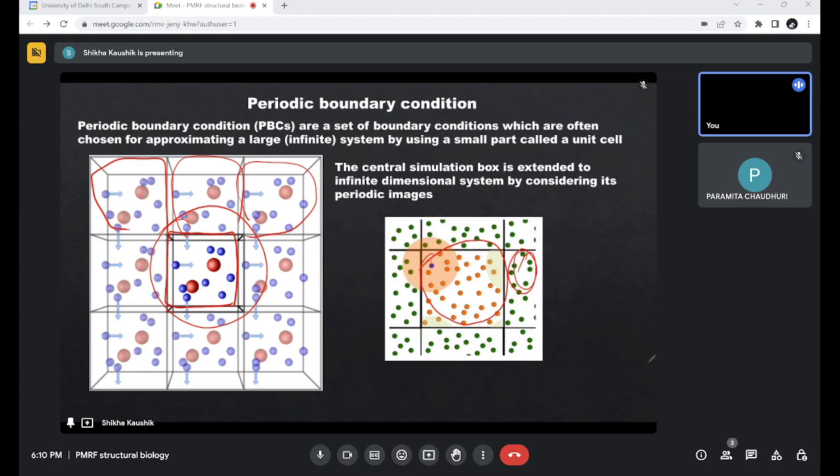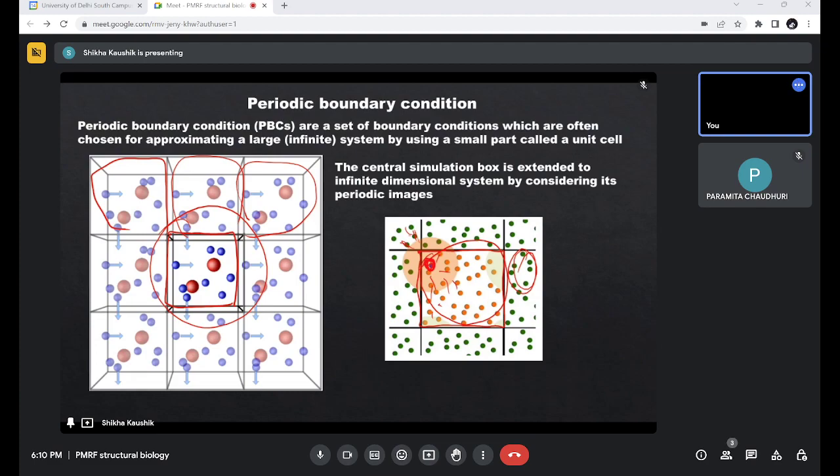This particular molecule is surrounded by orange balls, and it also has green balls in its external environment. We need to study this much only. We have to understand the interaction of this particular atom with the orange balls only. We don't want to understand its activity with the green balls. That is why we are trying to put a central simulation box.